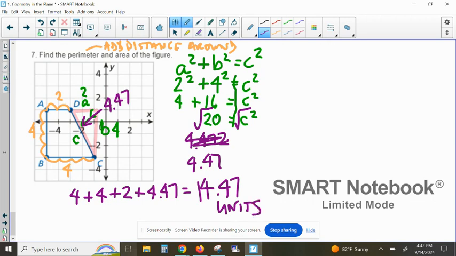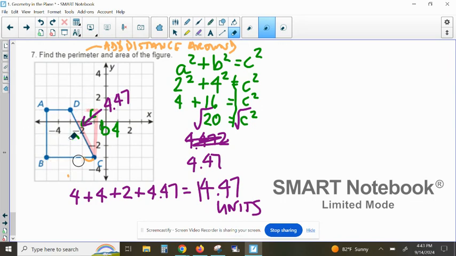Okie dokie. Okay, now I got to find the area. So it said find perimeter and area. So my area. Remember, this shape is not a shape that I know a formula for. We know the formula for triangles and parallelograms.